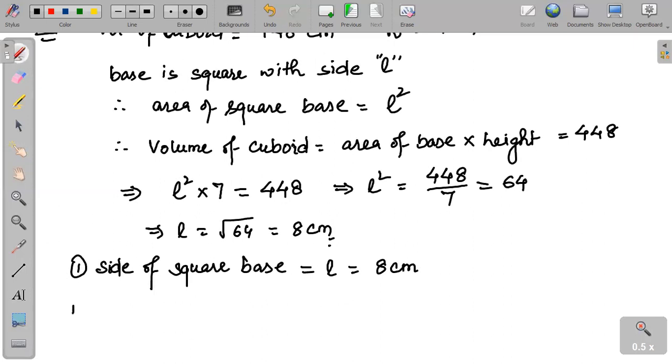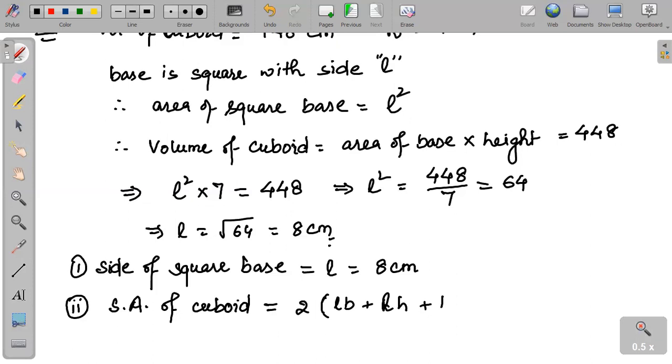The second one is surface area of cuboid. It is 2 into LB plus LH plus BH.